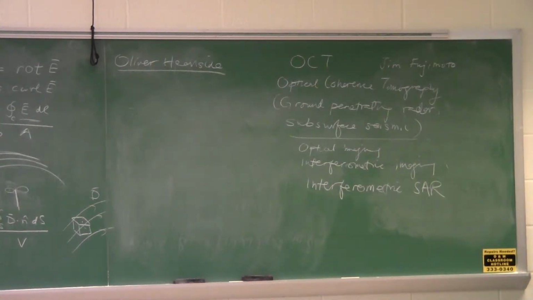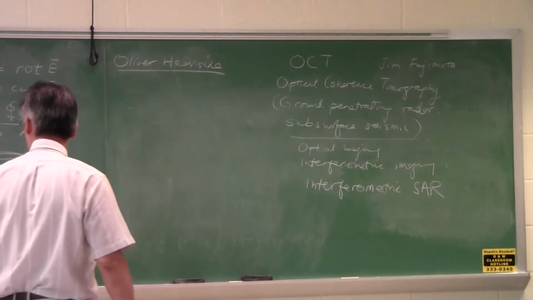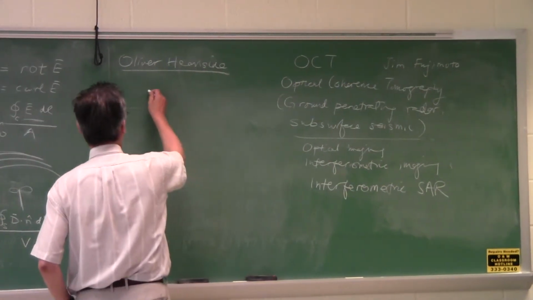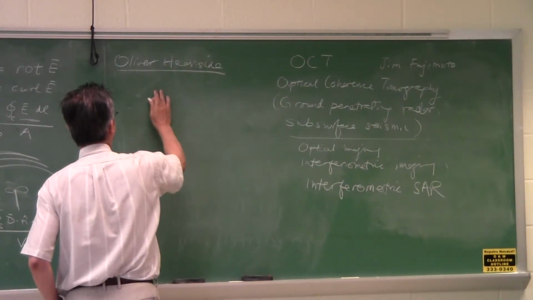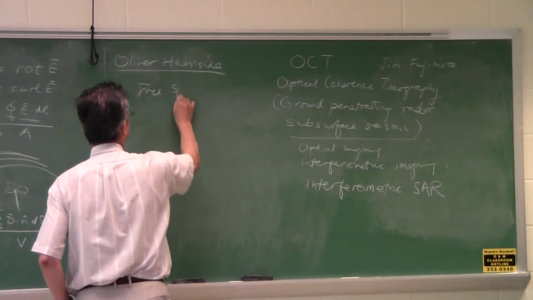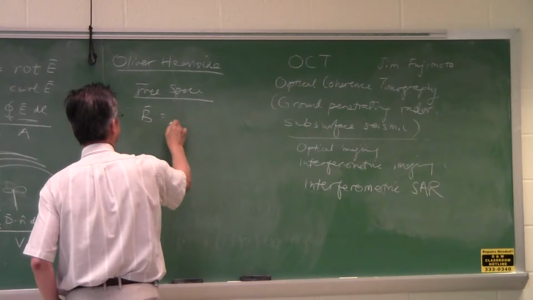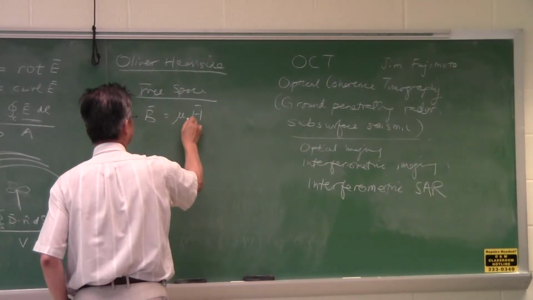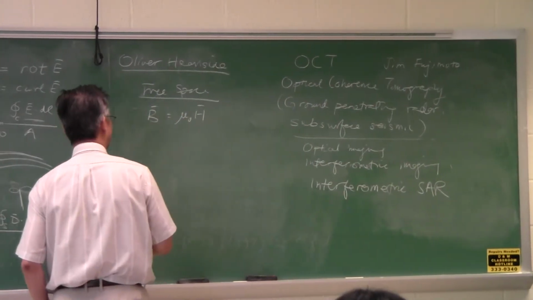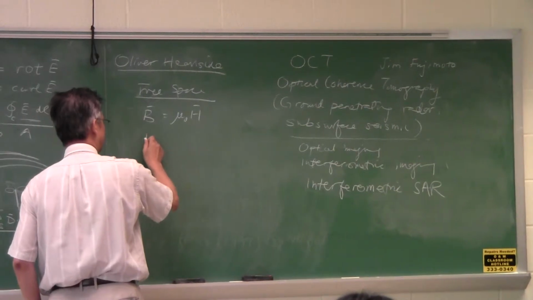So of course, in free space, we always say that B is equal to mu H, or maybe mu naught H, just to indicate that this is a free space parameter.